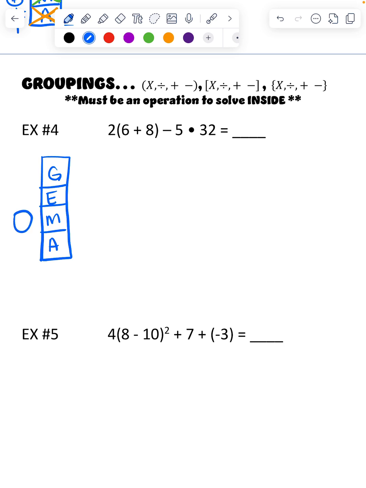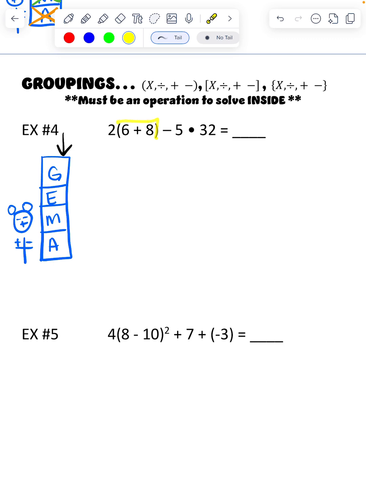We might need integer man for our multiplicative, and we might need the positive negative table for our additive. So we're going to work our way down the tower looking for groupings first, always starting at the top.